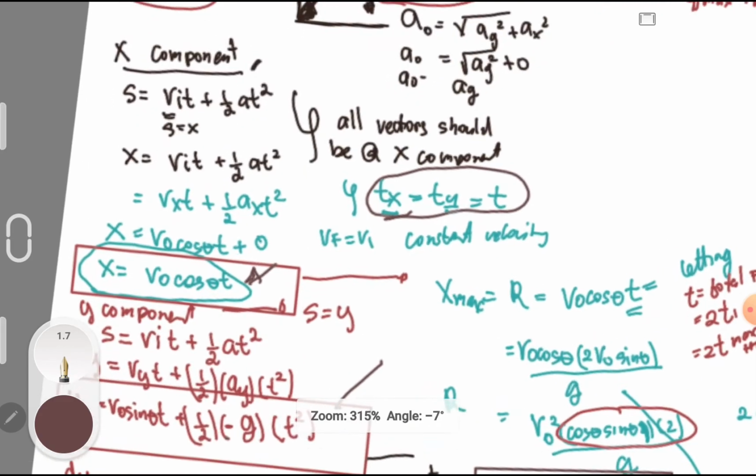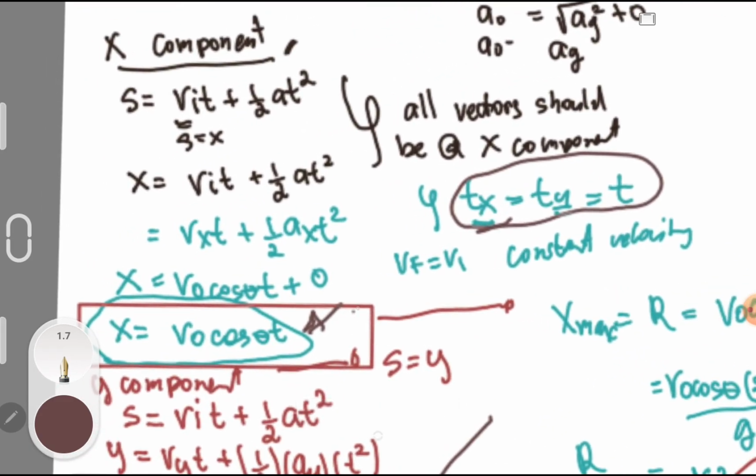So by further manipulation of this equation, t is equal to, bababa natin to dito, cross multiplication, so may 1 dyan. So we have x divided by VO cosine theta, right?